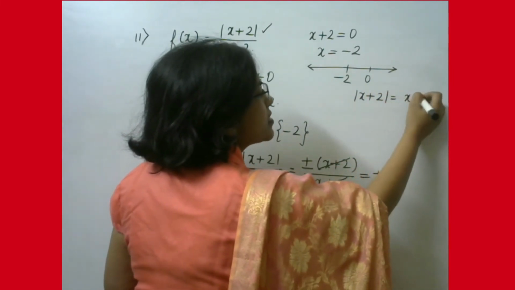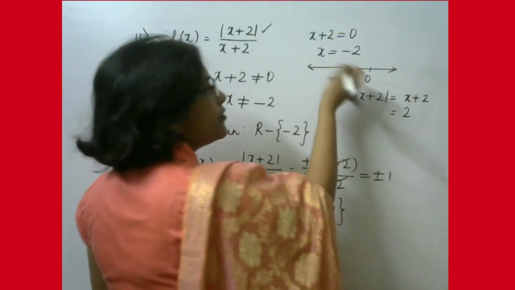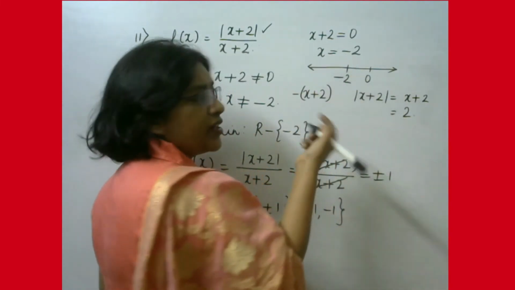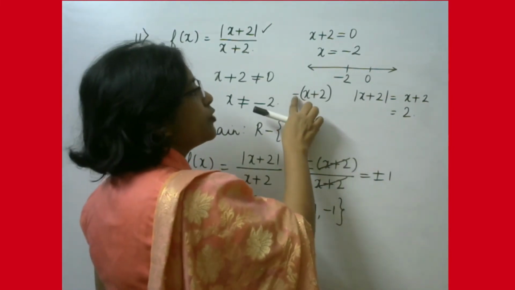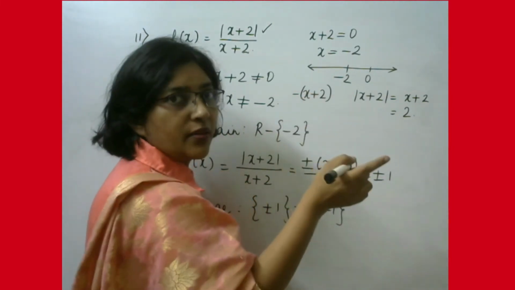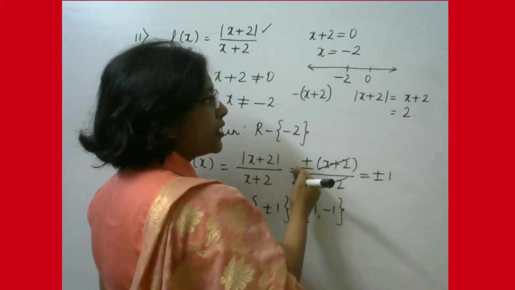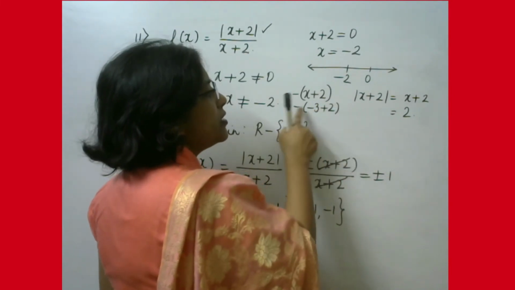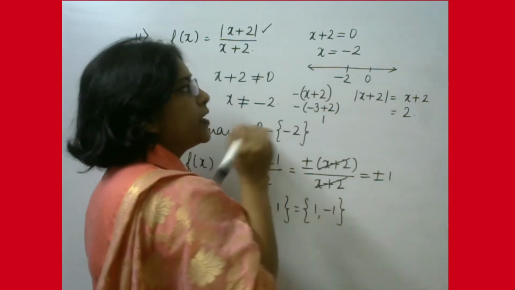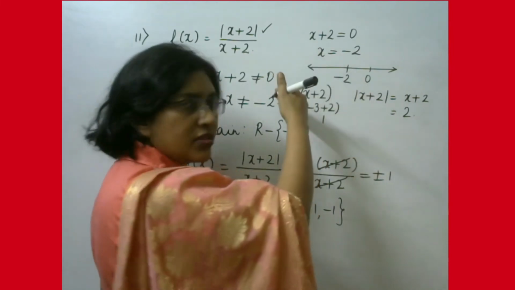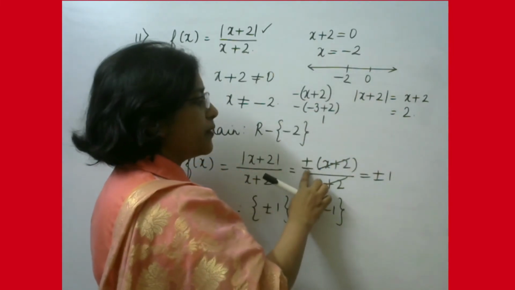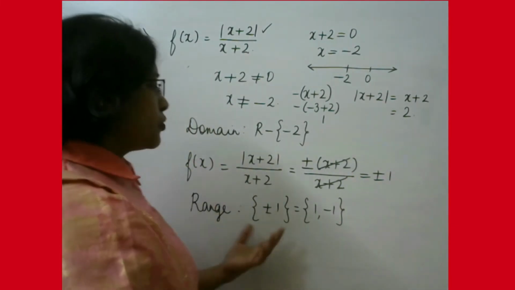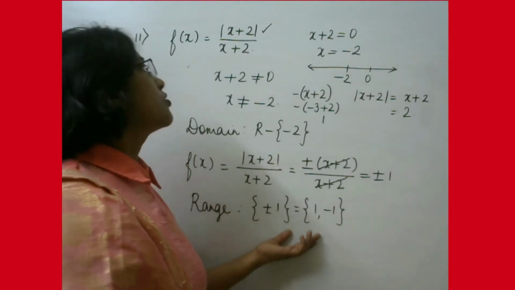I'm going to write it as x plus 2, so it is positive. But if we take a value smaller than minus 2, and you want to make it positive, you will have to put one more negative sign. I'm not writing modulus, so I'm thinking about taking plus and minus. So I'm taking minus 3, and minus of minus 1 will become 1. So in order to make a value smaller than minus 2 also positive, you have to take minus of x plus 2. That's how the modulus function is defined. So over here, the range is minus 1, 1.